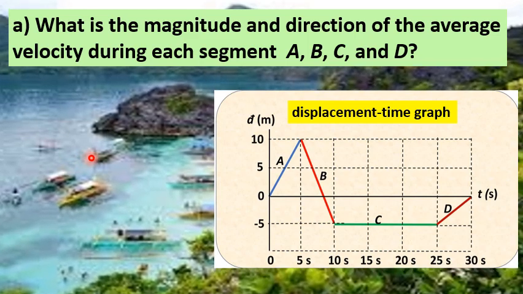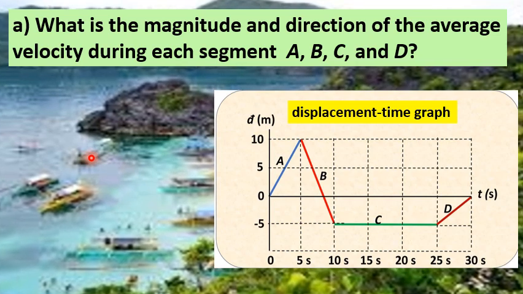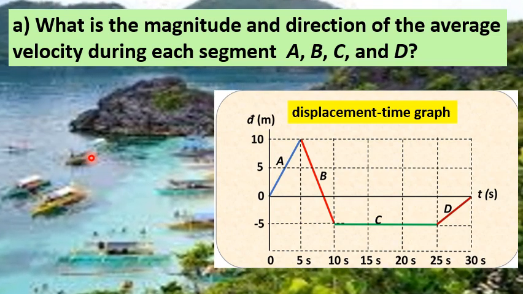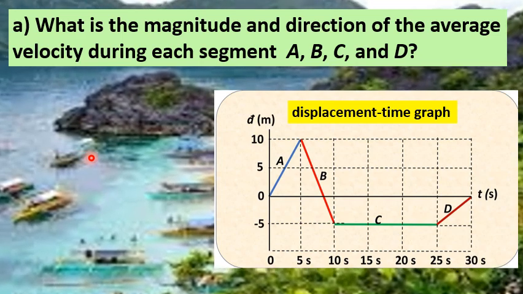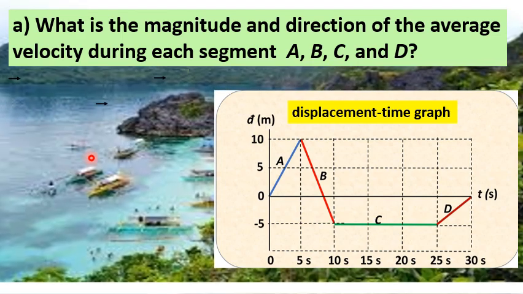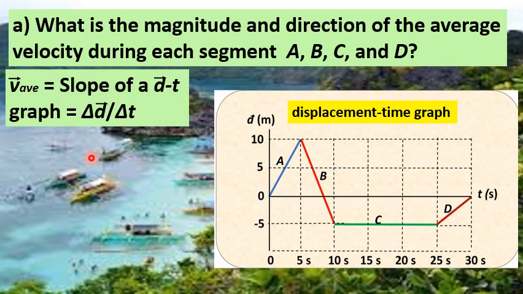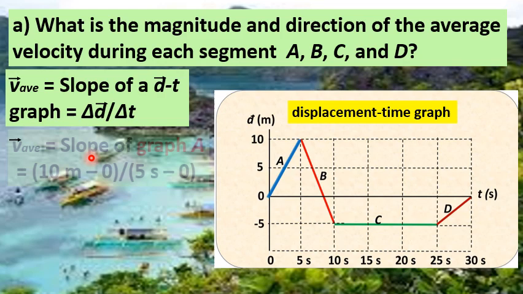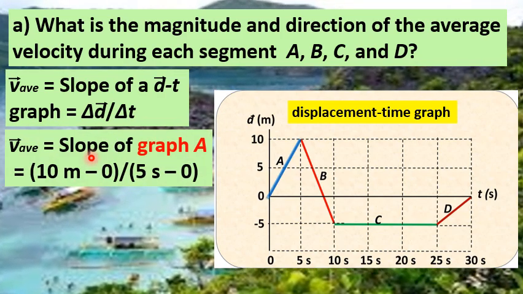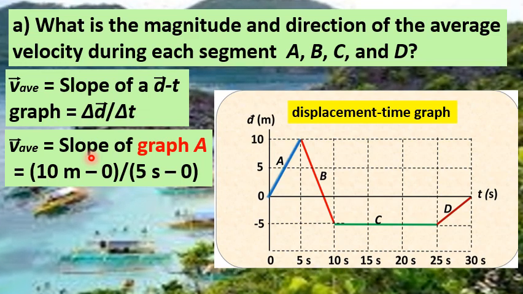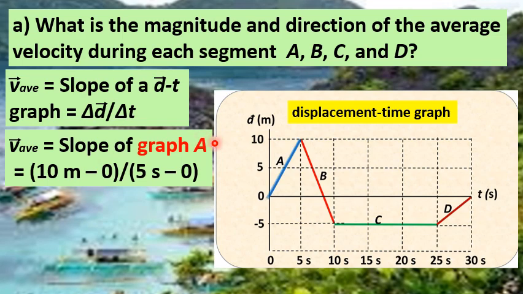For question letter A, finding the average velocity during the time interval represented by each segment of the graph, we use the slope formula for a displacement time graph. Let's start with segment A. A straight line sloping upward to the right.